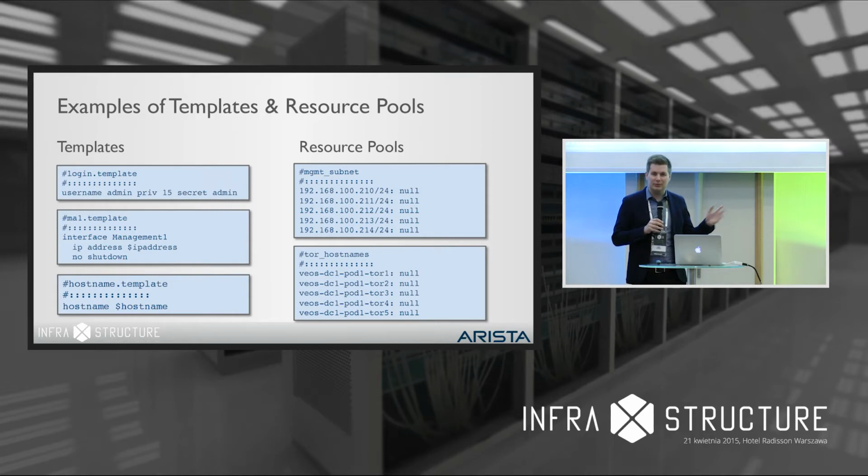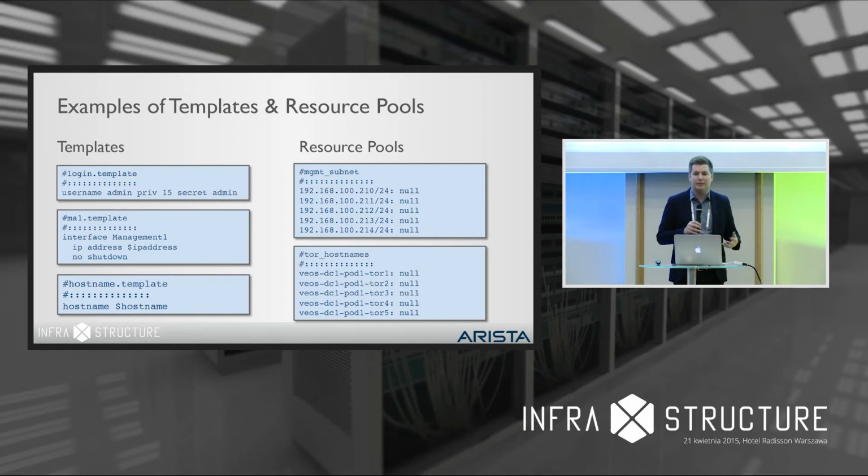It's very customizable not only by ourselves, but also by our wide network community. So, for example, instead of using a flat file for your IP address allocation, you could hook into the API of your IP address management solution, so you're dynamically getting the right IP addresses with the infrastructure you want.